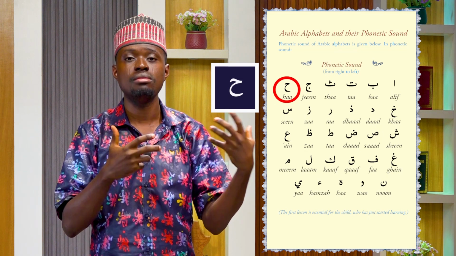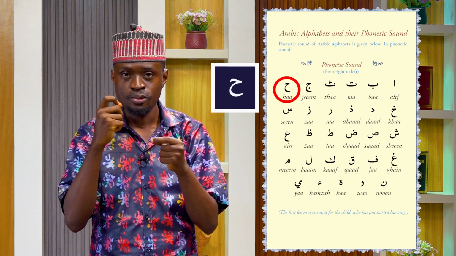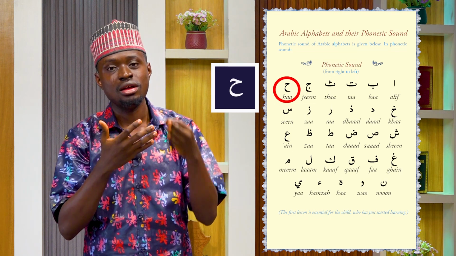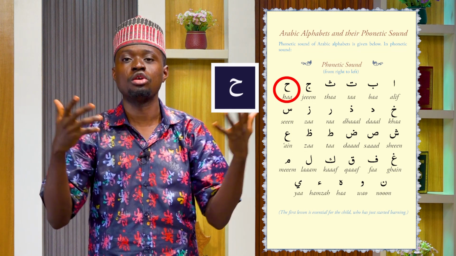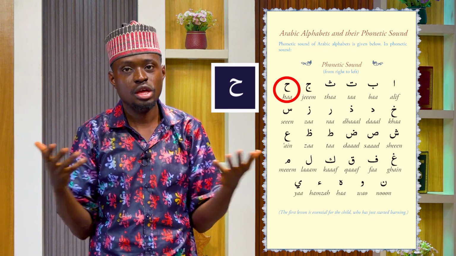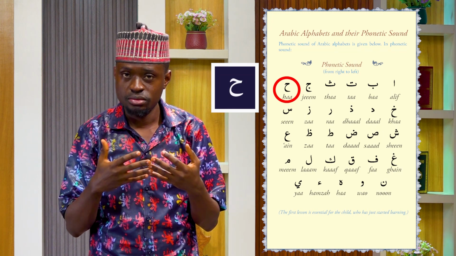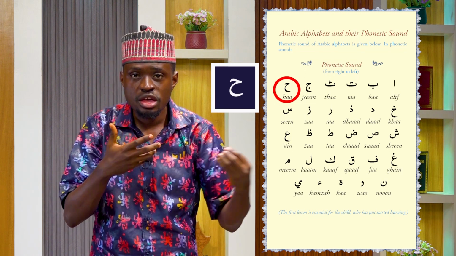So ha, Bismillahir Rahman, for instance. That is ha, carrying sukun. Then Rahim, that is ha, carrying kesra. So when you say Bismillahir Rahmanir Rahim and you have pronounced nothing but Hamza, that is not correct. The correct thing is ha, Rahim.